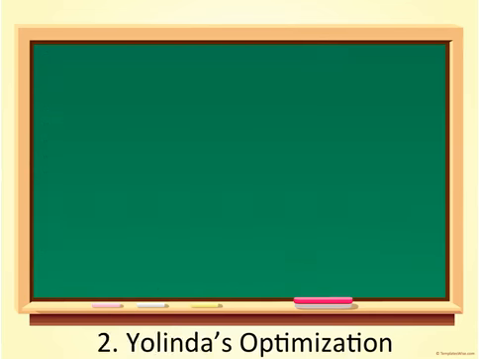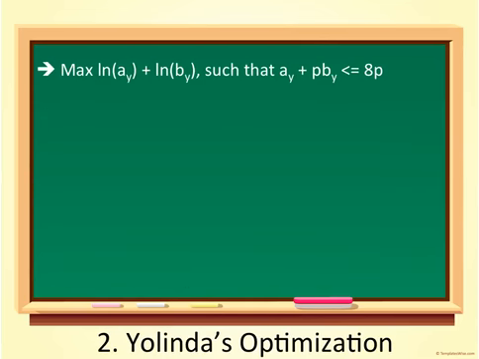Okay, Yolinda, now that we spent so much time on Xavier, Yolinda's pretty quick. What's her optimization problem? She maximizes natural log of AY plus natural log of BY such that now her budget constraint's a little different. Her budget constraint says AY plus P times BY is less than or equal to 8P. Why is that 8P? Because remember, she starts out with 8 bananas.